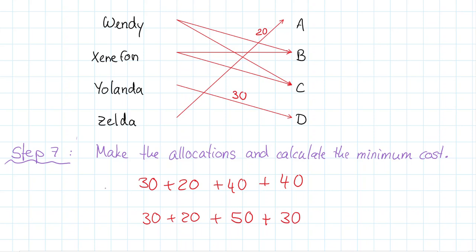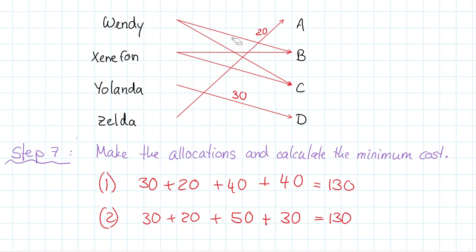So we have 2 options here, but have a look. They both give the same result. That's 50, that's 50, and that's an 80, and that's an 80. So both times, 50 plus 80, we're going to have 130 minutes. Right? So we can choose where there is no difference in the minimum cost, but only one person needs to operate one machine here from Wendy and Xenophon.